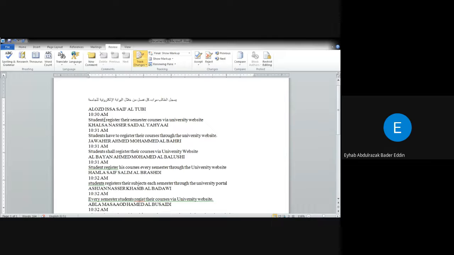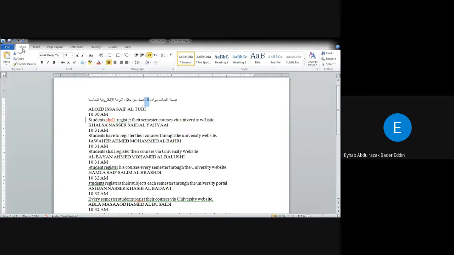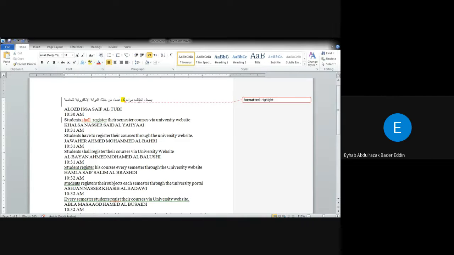So this should be a legal text, right? So students shall register their semester courses. Okay, but here we didn't add "كل", which is important to indicate it is not just for once. So register their courses, or subjects, each semester.